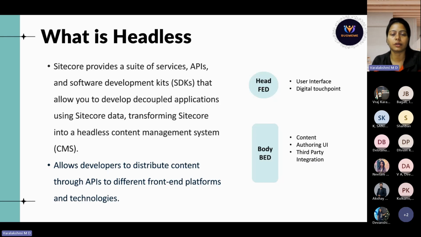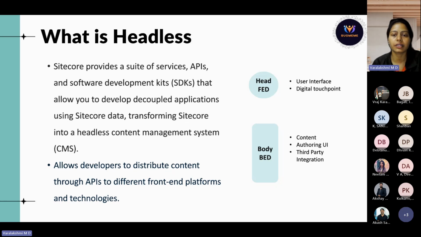So let's see what is headless. As most of us know, head means the user interface and digital touch point, and body refers to the backend development, that is content, authoring UI, or third party integration. As the Sitecore portal documentation says, Sitecore provides a suite of services, APIs, and also software development kits, that is SDKs, that allow you to develop a decoupled application using Sitecore data, transforming Sitecore into a headless content management system.